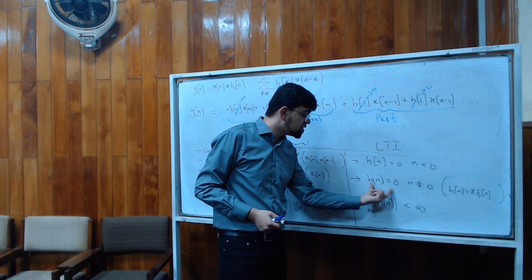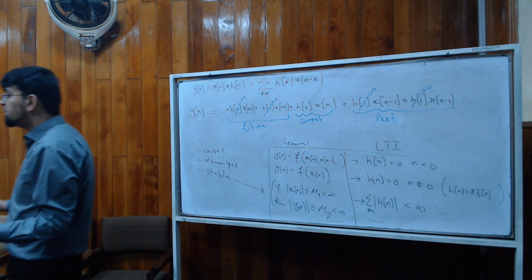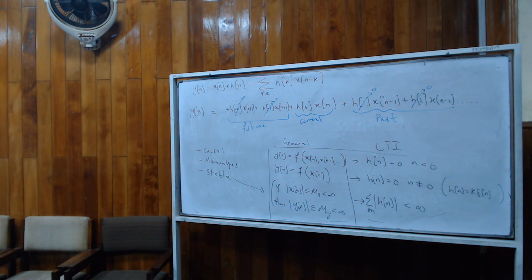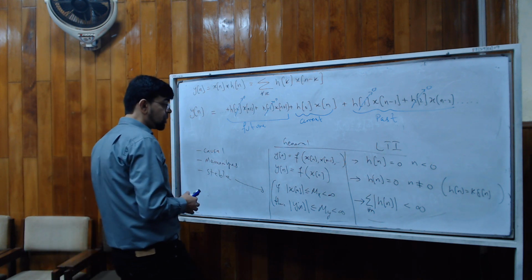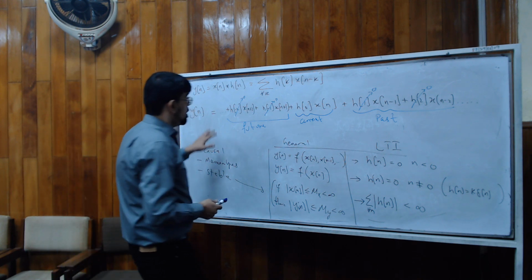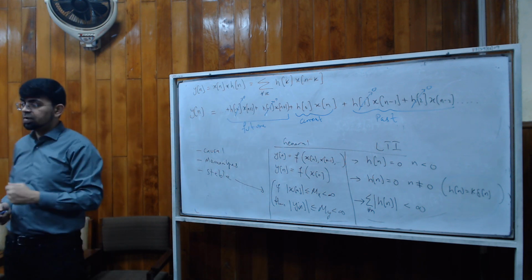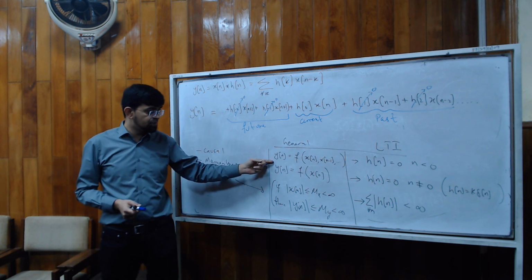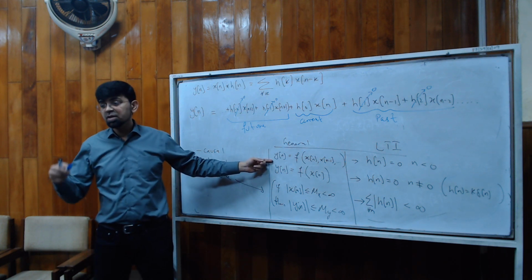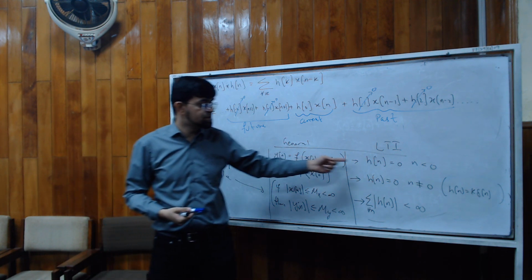Only h[0] can have some value, which means it's basically a delta function at 0, delta[n], with some scaling. Whatever the scaling is doesn't matter for us. So with the help of this expression, we have shown that causality, which had this general definition, simplifies for LTI systems to checking the impulse response.